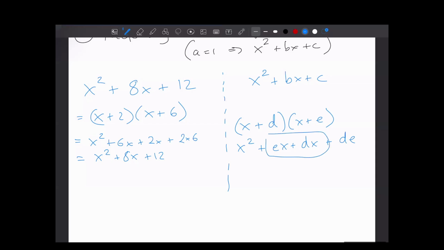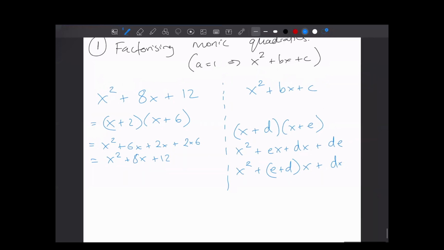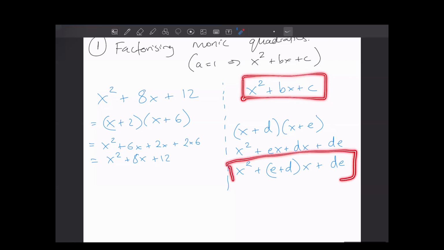And if I combine these, you get x squared plus (e + d)x, and then de. So basically, this was our quadratic we started with, and this is what we have here.